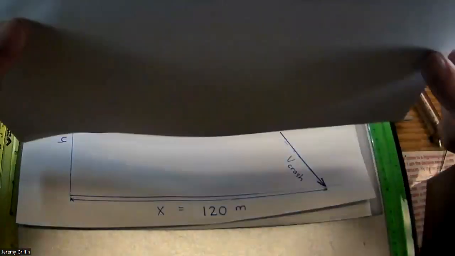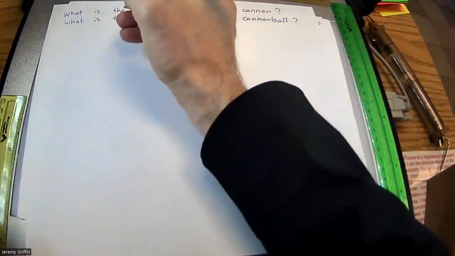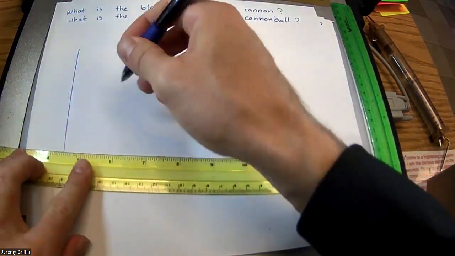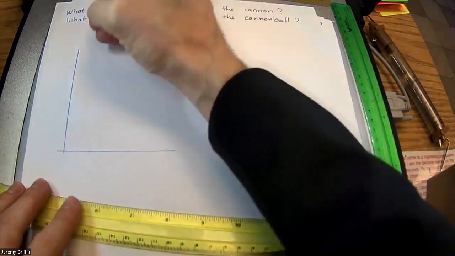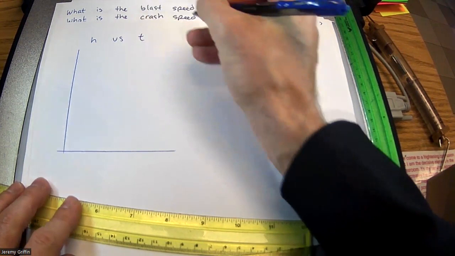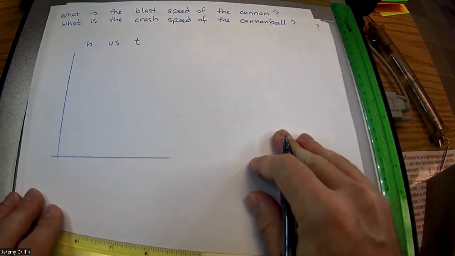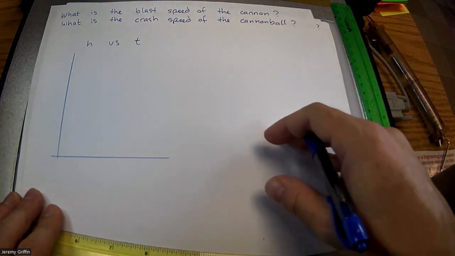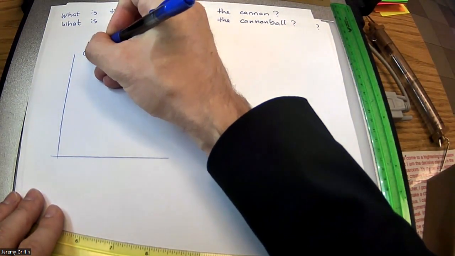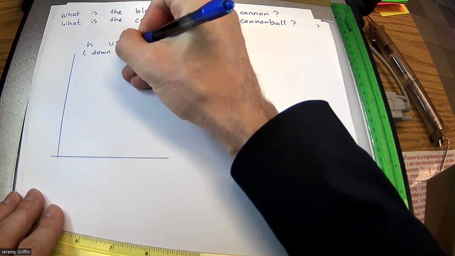Go ahead. So graph number 1 is going to be height versus time. Now I have to define which direction is up. So let's call down the positive direction.